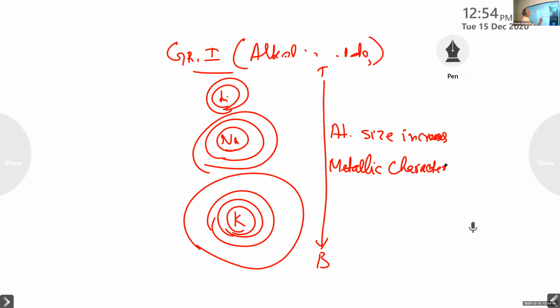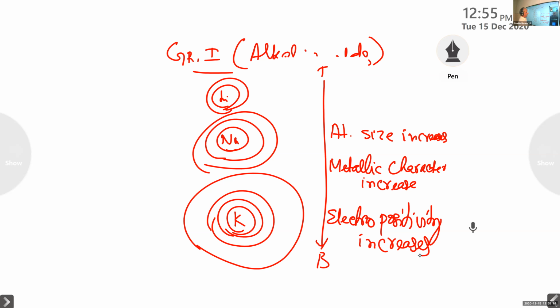The electropositive character or electropositivity or metallic character increases from top to bottom.